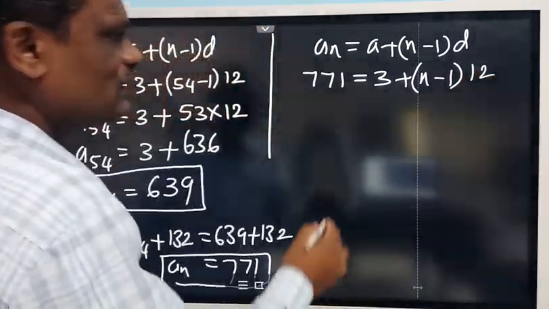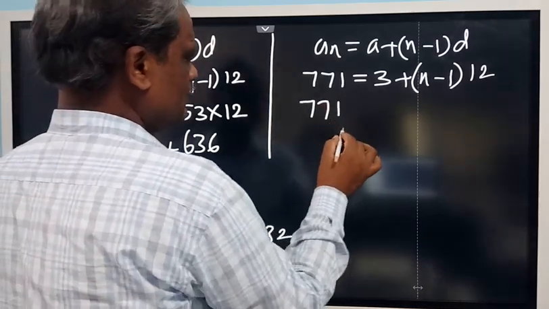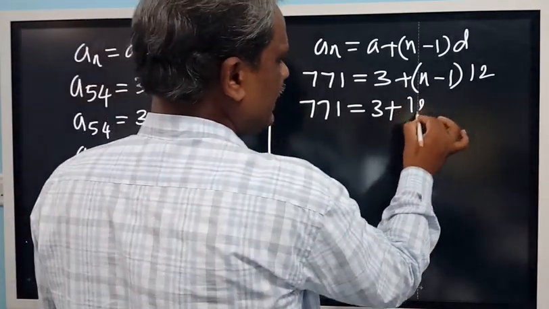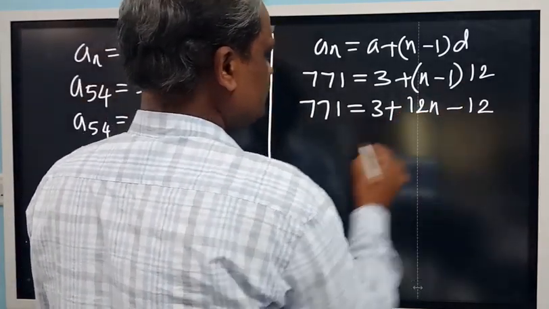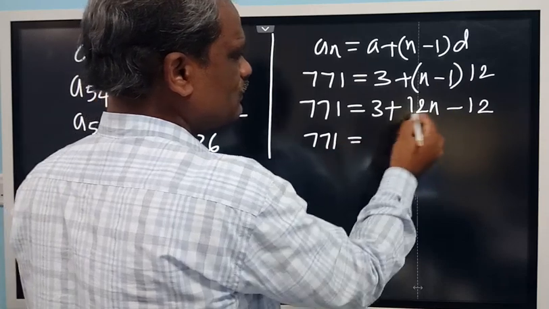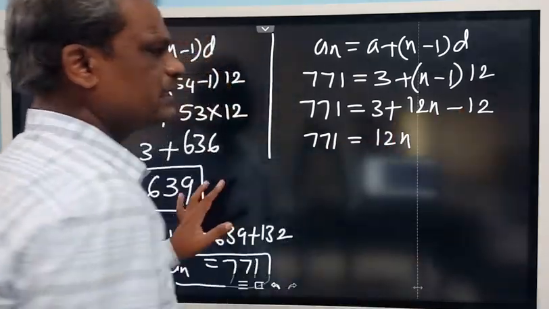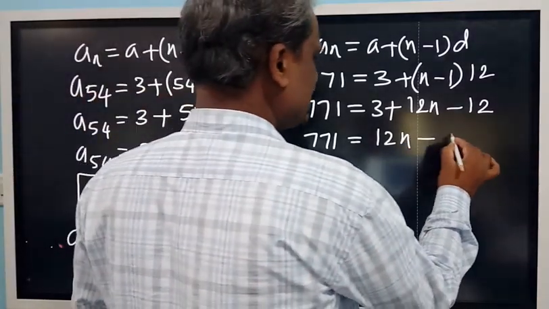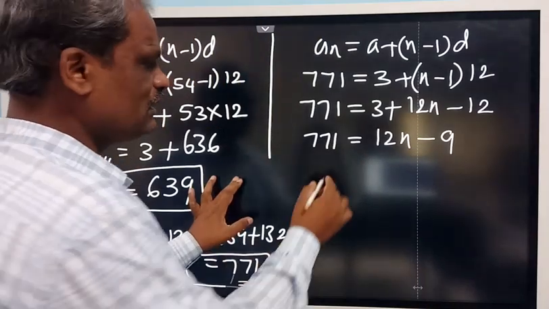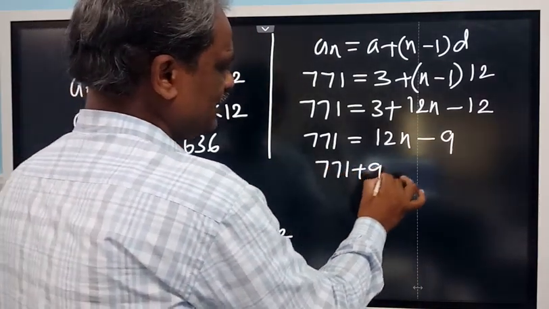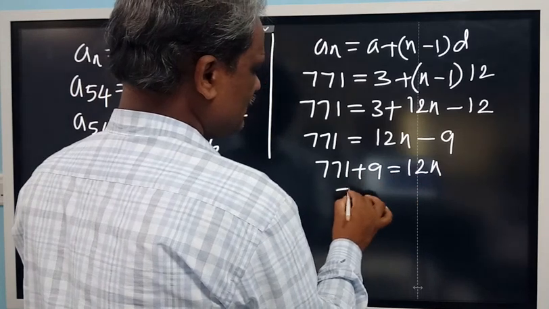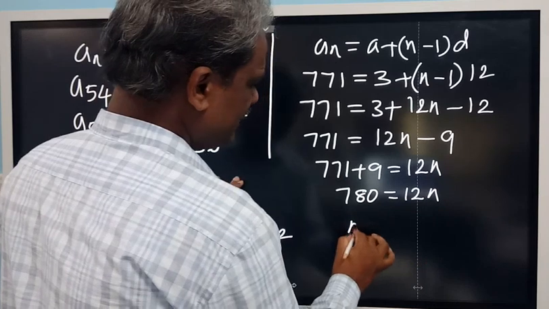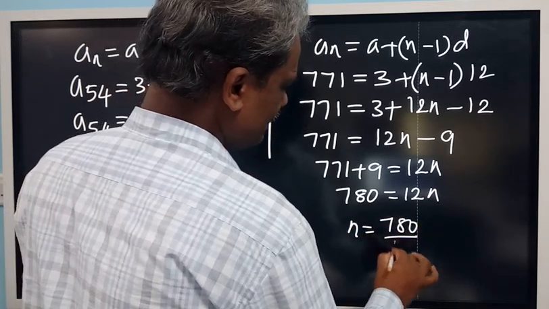Now simplify: 771 is equal to 3 plus 12n minus 12. So 771 is equal to 12n, 3 minus 12 is minus 9. Transfer minus 9 to the left side: 771 plus 9 is equal to 12n. So 780 is equal to 12n, and n is equal to 780 divided by 12.